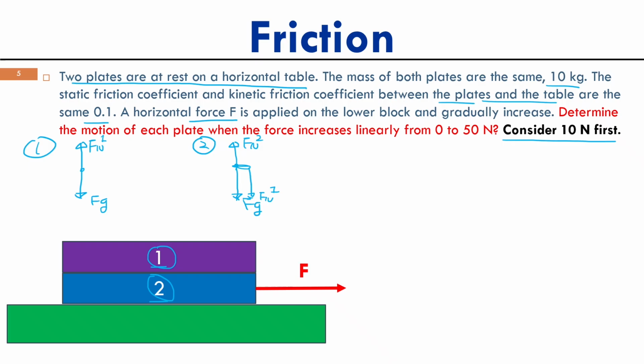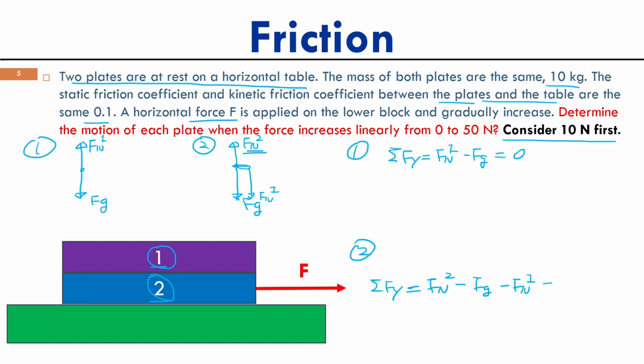Now let's look at what we can learn from all these forces. For block 1, along the vertical direction it's not going to move, so Fn1 minus Fg equals 0. For block 2, along the vertical direction, we have the supporting force from the platform, Fn2, minus Fg minus Fn1, which equals 0, because there is no vertical motion.